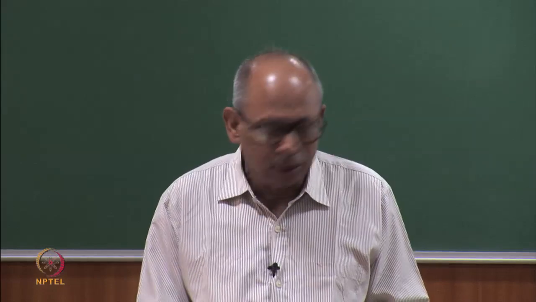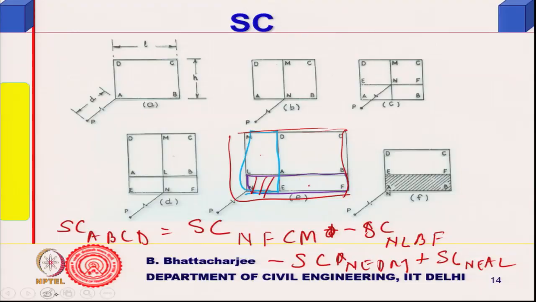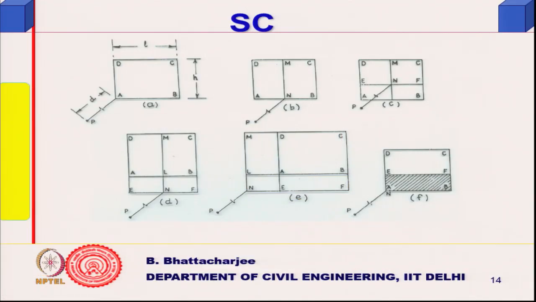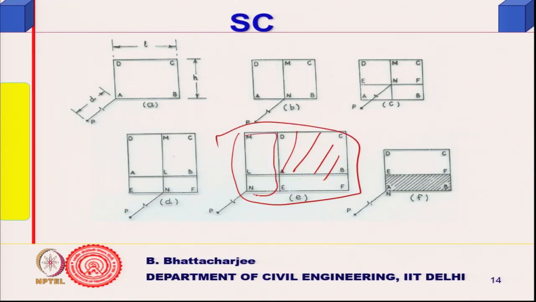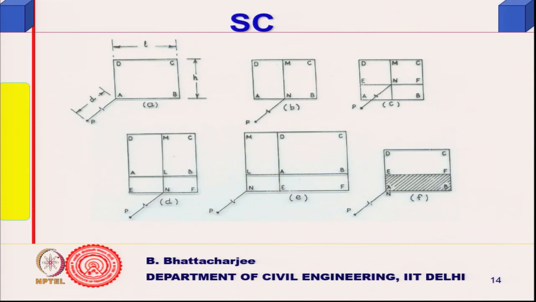So, that is what the current code as it exists does. That is what I was saying. To find for this, you first find out for this, subtract, and this you add again. So, that is how we can use the table.